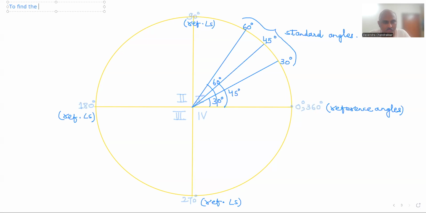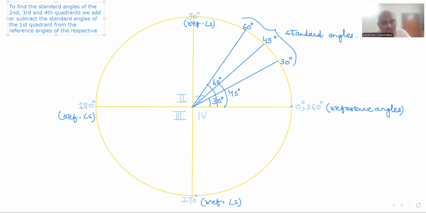To find the standard angles of the second, third, and fourth quadrants, we add or subtract the standard angles of the first quadrant from the reference angles of the respective quadrants. So what does this mean?